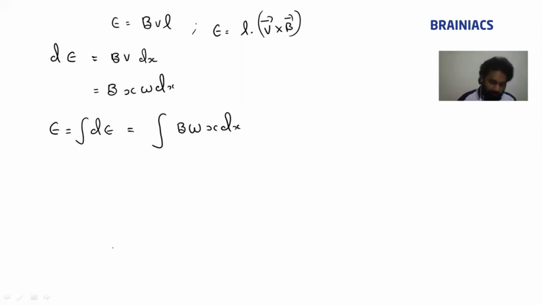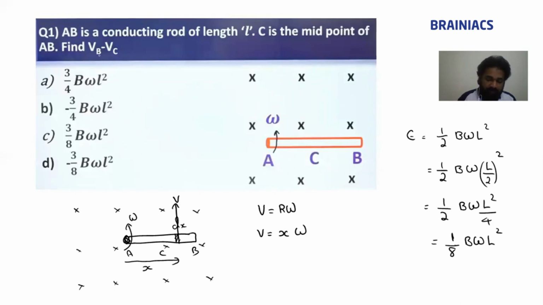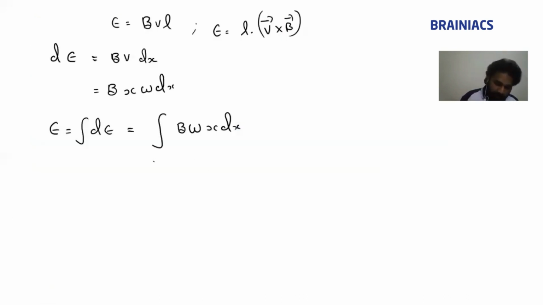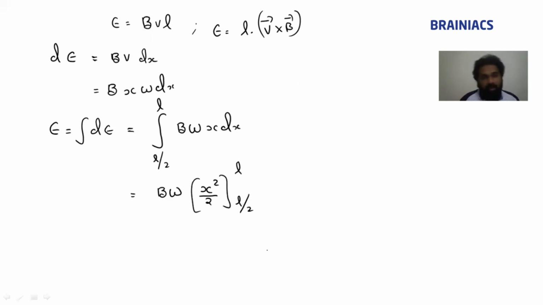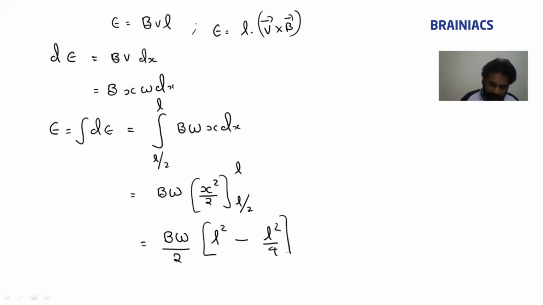What limits should we put here? Children, we have to find VB minus VC, so we are interested in the EMF or voltage difference between C and B. So the limit should be from L by 2 to L. Taking B omega outside and integrating, this gives x square by 2, with the limit L by 2 to L. Taking the 2 outside, B omega by 2 into L square minus L square by 4, which is B omega by 2 into 3 by 4 L square.